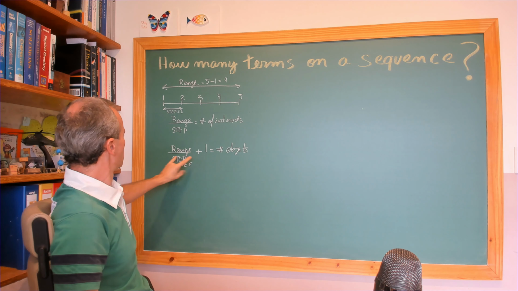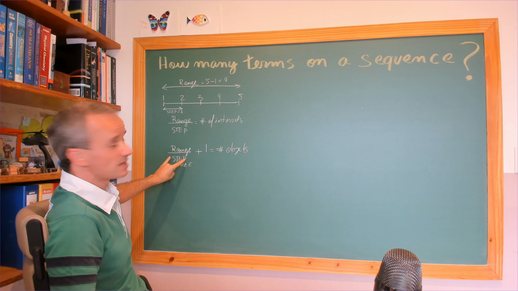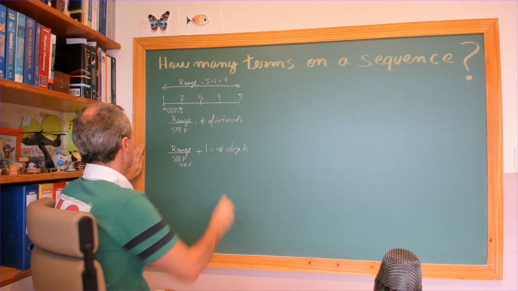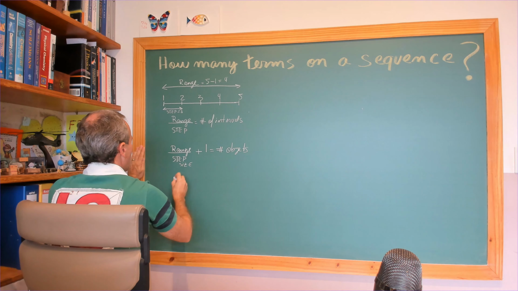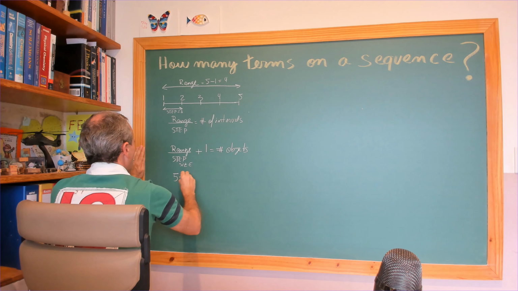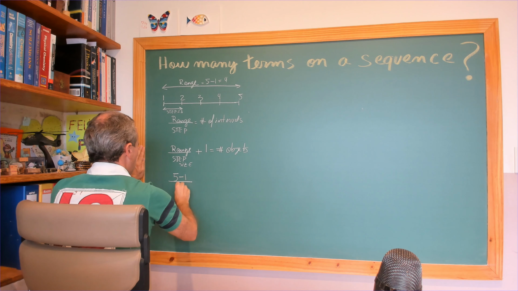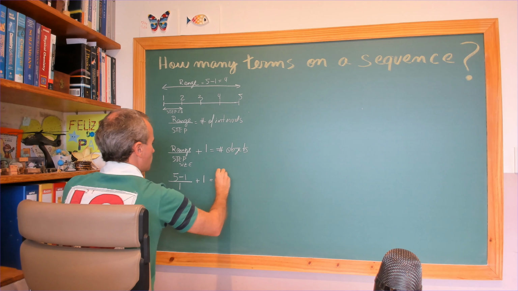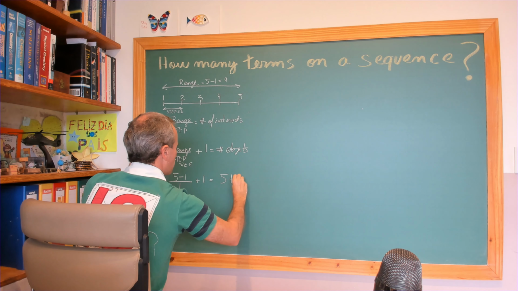No problems? If I take the range, divide by the step size, and add 1, I get the number of objects. So in this case, I have the range, 5 minus 1, divided by the step size 1, add 1. This is going to be 4, 5. So I have 5 terms.